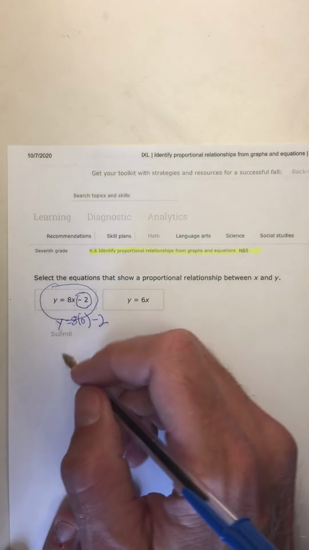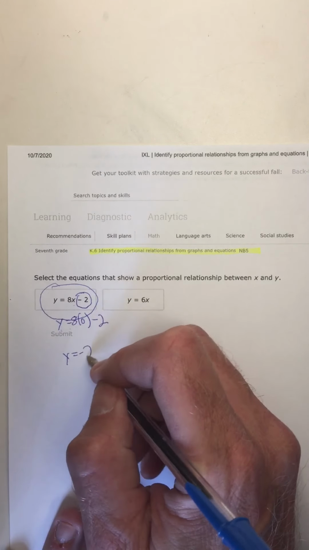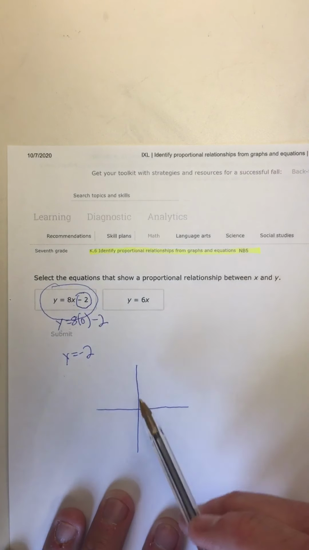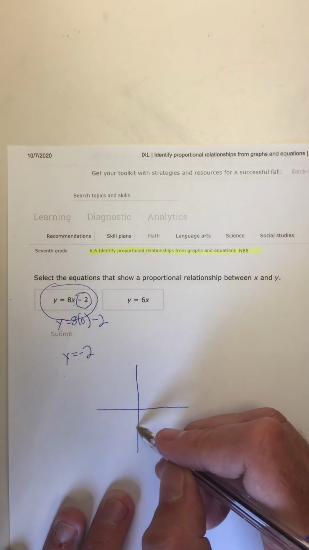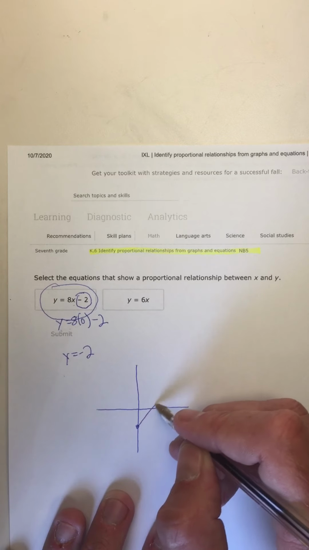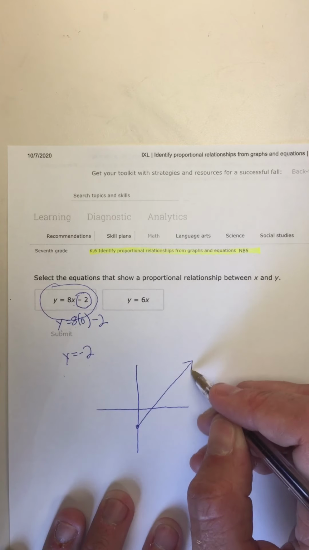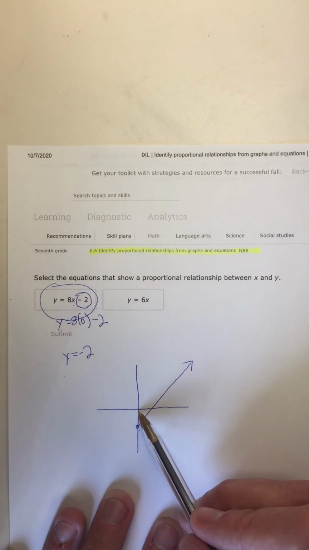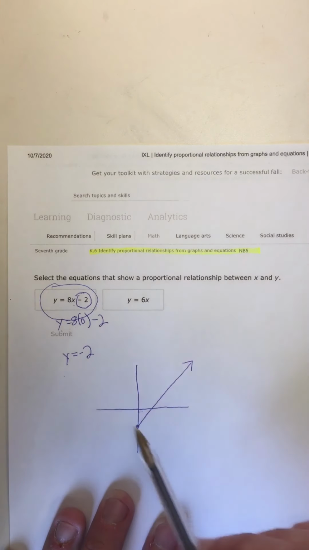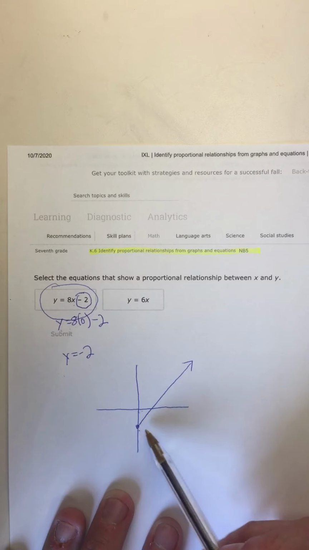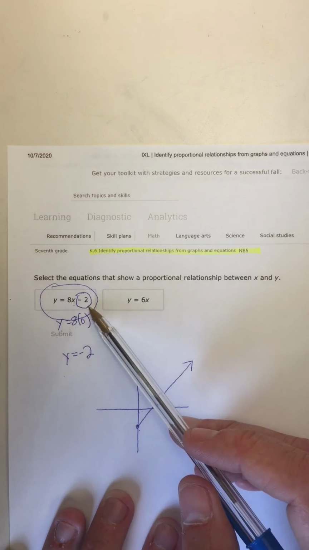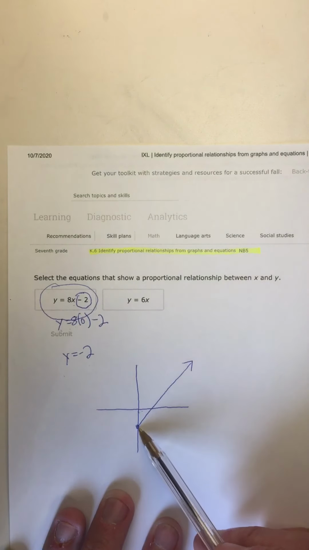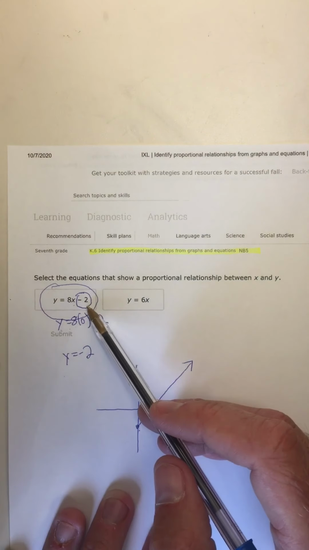Well, that's 0, which means the equation would be y equals -2. It cannot be a proportional relationship because the straight line would not go through 0, 0. This is the origin here, and this is showing that the line would intercept the y-axis. This is in fact the y-intercept, that it would cross the y-axis at -2.